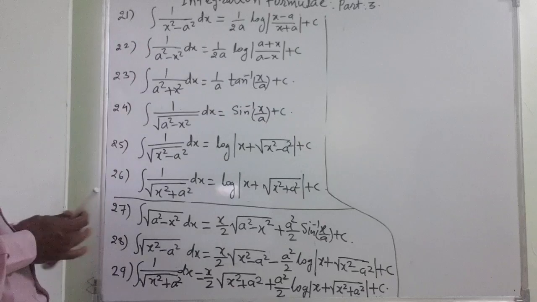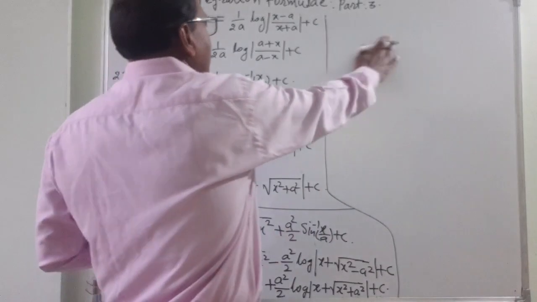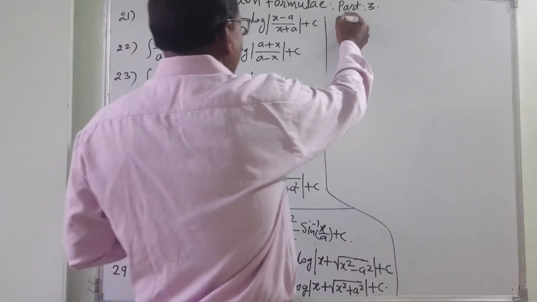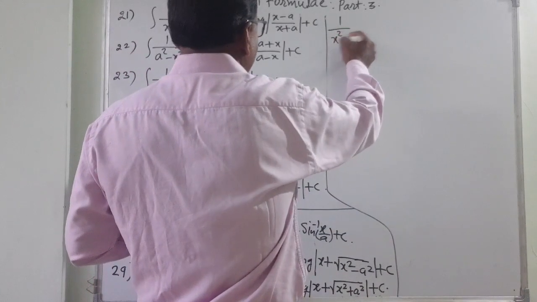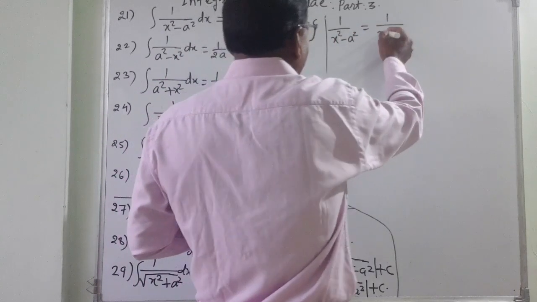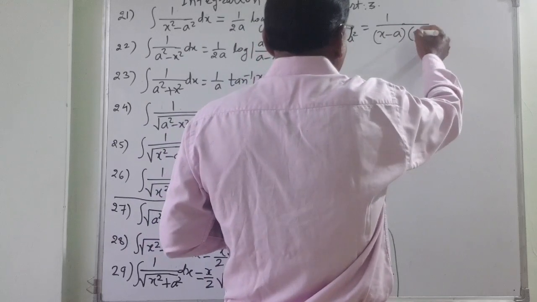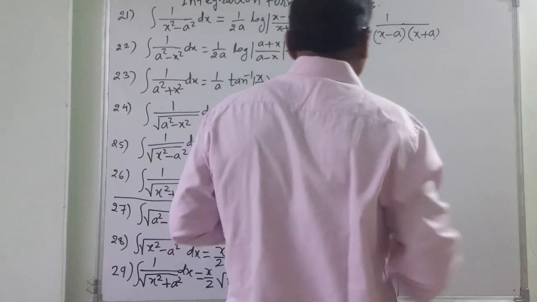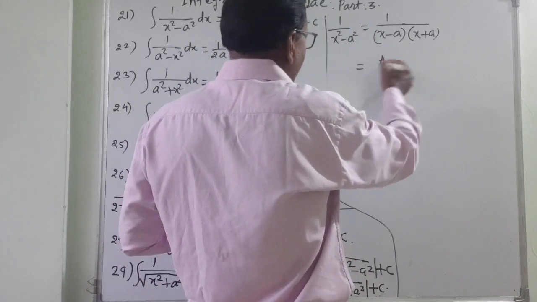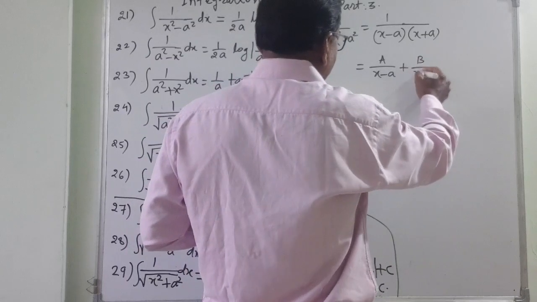Now, how to prove this? That is known as integration by partial fractions. What I will do is, for 1 upon x square minus a square, the factors are x minus a and x plus a. So I will write A upon x minus a plus B upon x plus a.